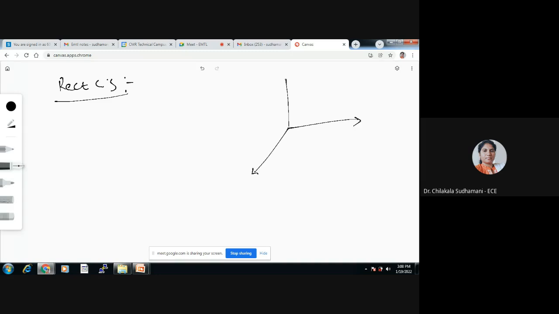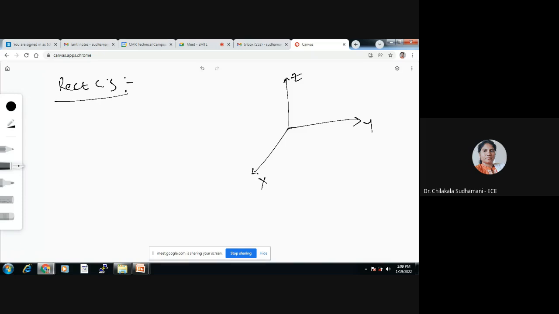It contains 3 axes: x, y, and z. All are mutually perpendicular to one another.